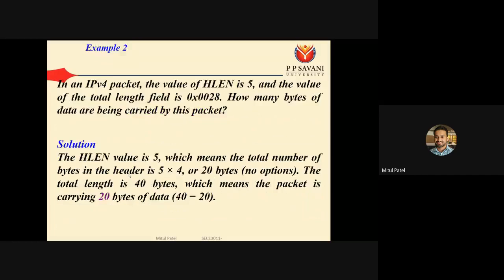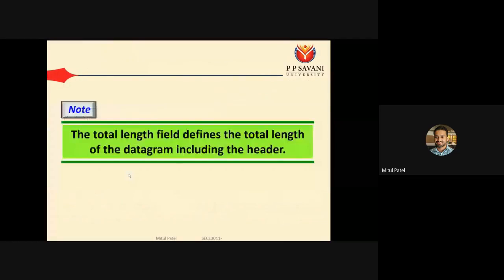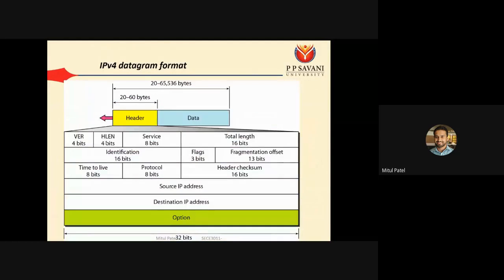Here, after how many hexadecimal digits will our TTL field come? This is our first hexadecimal digit, the second is 3 4.